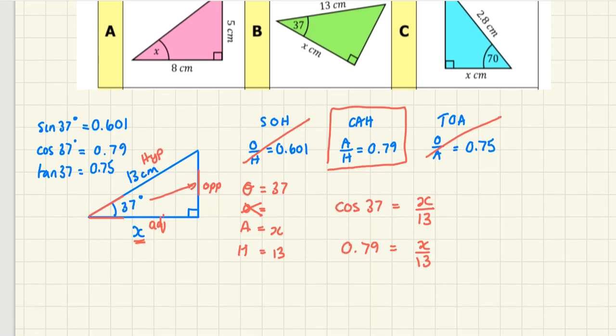It's something divided by 13 equals that, so if I times by the 13, I get x equals 13 times 0.79. That's 10.27. That makes sense: it's shorter than 13, but roughly around the right number. Perfect.